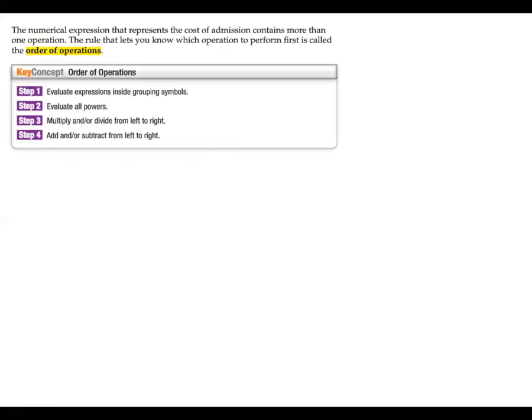And moving right along, the numerical expression that represents the cost of admission contains more than one operation. Remember, it had multiplication and addition. You had 4 times 78.95 plus 3 times 68.95. The rule that lets you know which operation to perform first is called the order of operations. So order of operation goes like this. First, you evaluate expressions inside the grouping symbols.